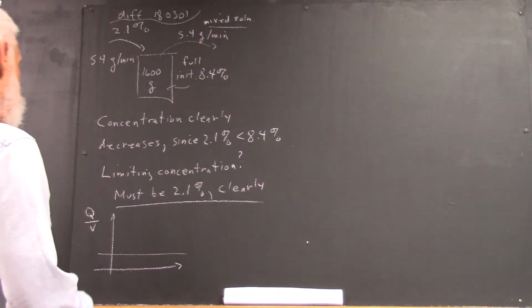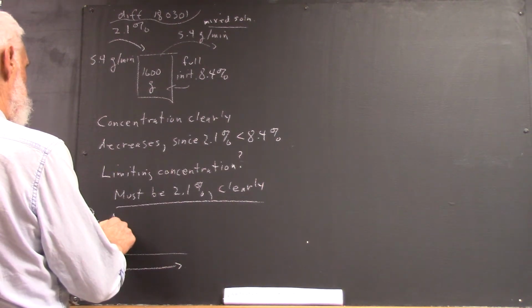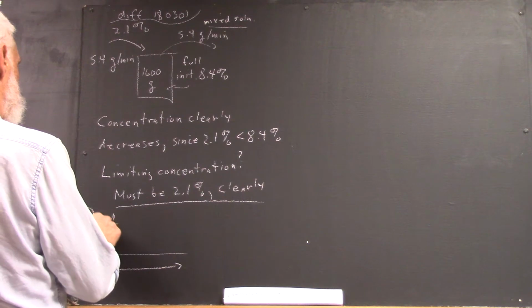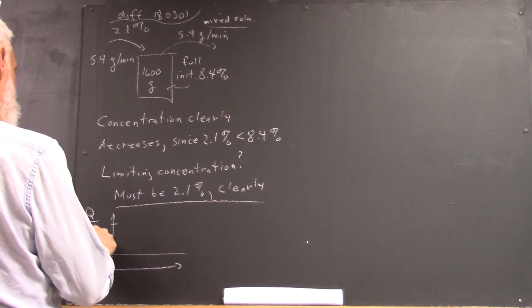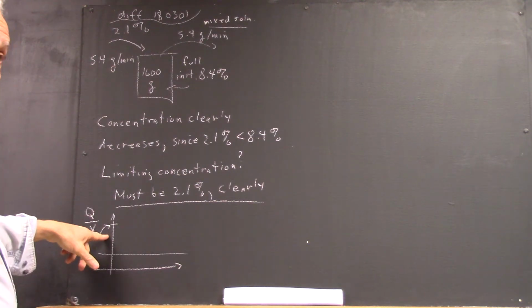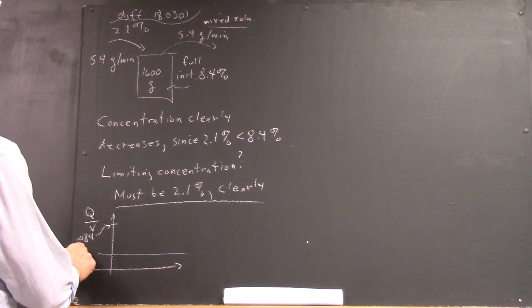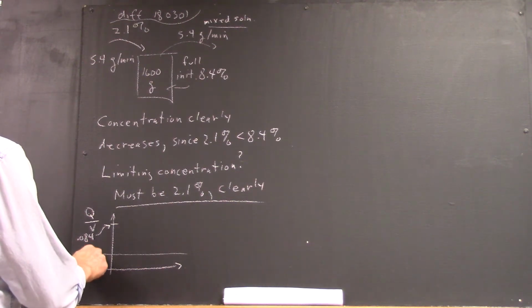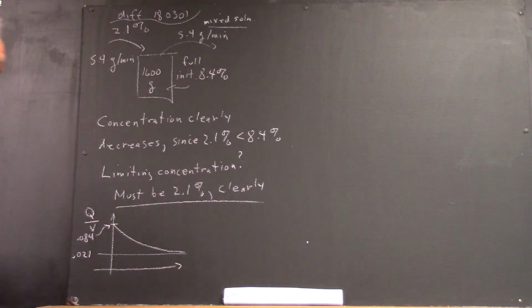And Q over V starts at 0.084, label that very intelligently, but you're used to that, and it's going to decrease toward 0.021. And you expect it to be something like this.